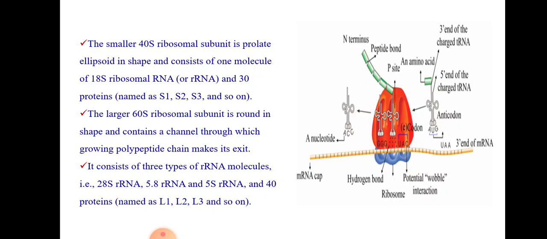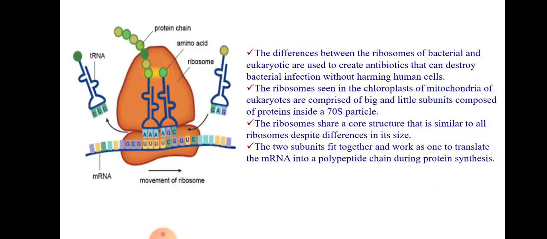This structure represents the ribosome binding with the mRNA, how it is translating the message from the genetic DNA. The differences between the ribosomes of bacteria and eukaryotes are used to create antibiotics that can destroy bacterial infections without harming human cells.